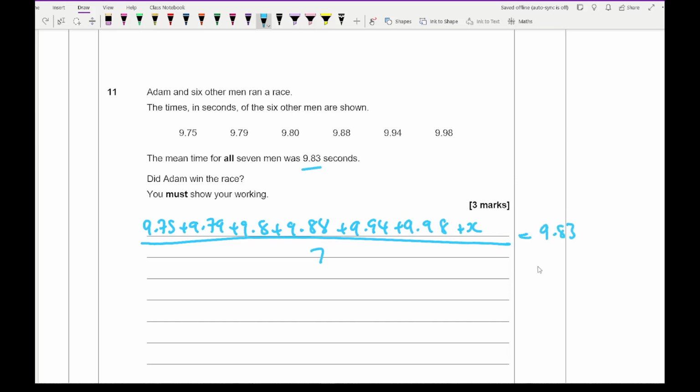Now, if I simplify all of this by using my calculator to add it all up, then what I should end up with is 59.14 plus x, divided by 7, equals 9.83. Remember, x is Adam's time.